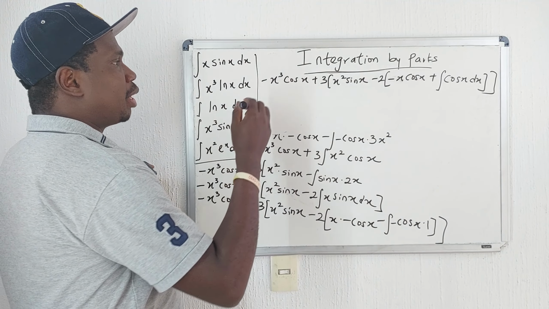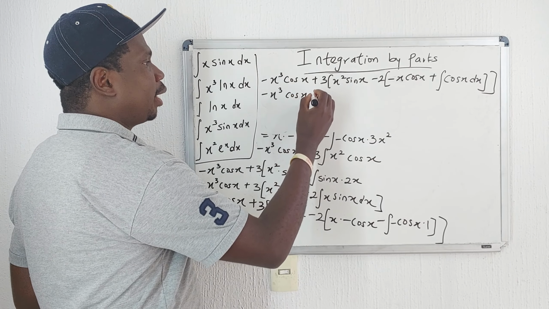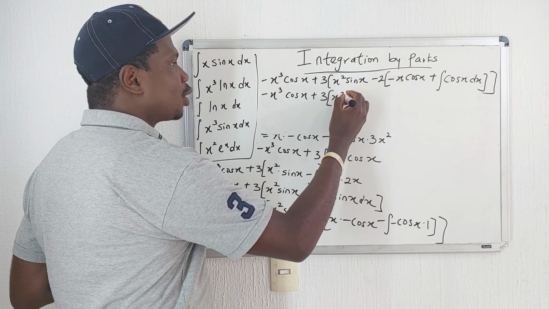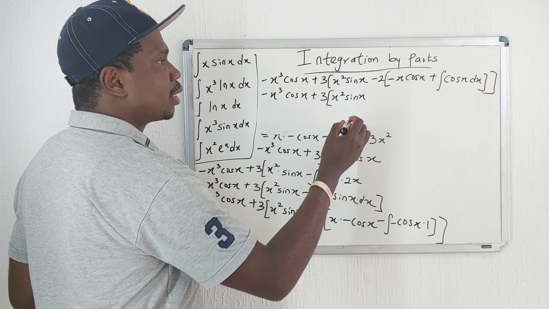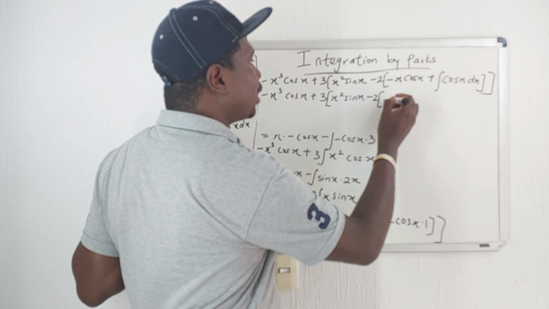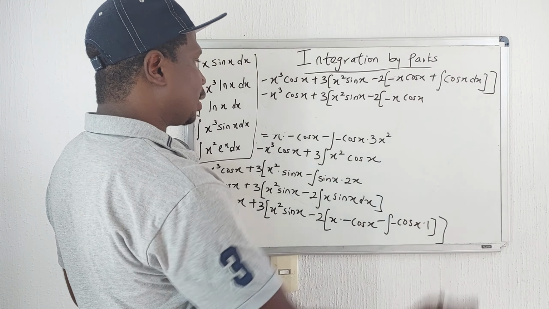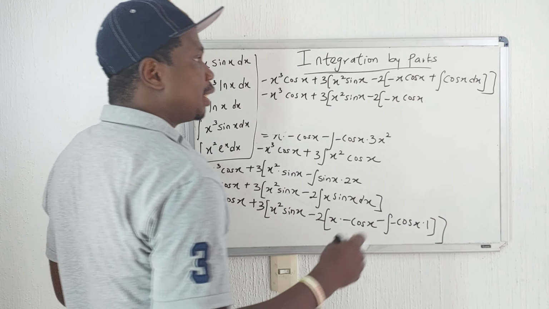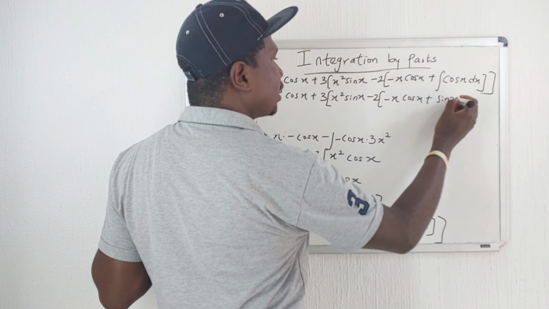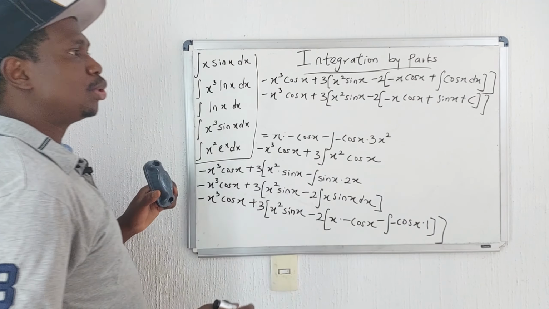So we can simplify further to say minus x cubed cos x plus 3, this is x squared sine x, okay, minus 2, open bracket, minus x cos x. I integrate cos x, I'm going to have sine x, plus sine x plus c. After the final integration, you put plus c.